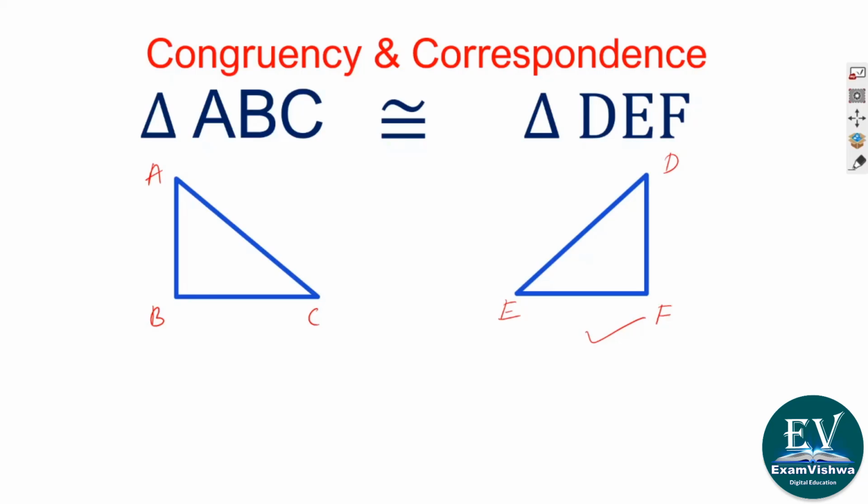What is wrong here? Correspondence disturbed. Then what is correspondence? Does angle A correspond to angle D in this case, or does angle B correspond to angle E in this case?